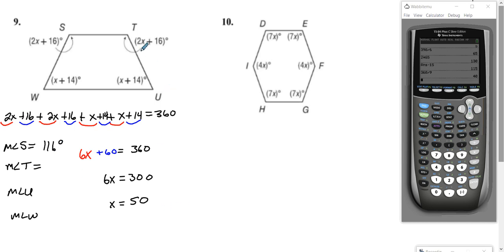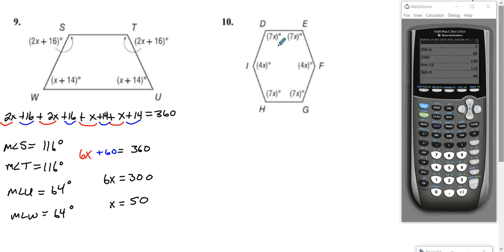Same thing for the next one, it's the same. So 50 times 2 is 100, 100 plus 16 is 116. 50 plus 14 is 64. That one. And this one is the same.